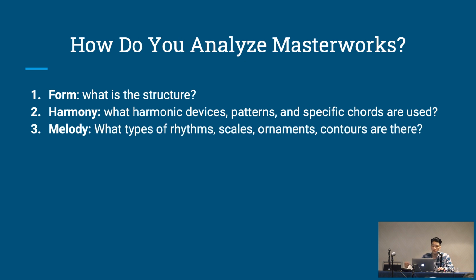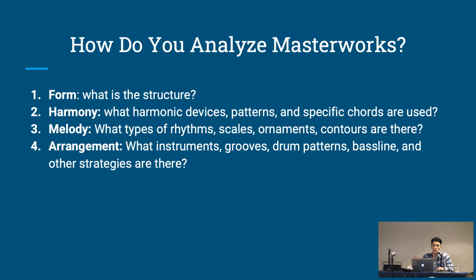Number 3, melody. What types of rhythms, scales, ornaments, contours are there, or phrasal structure? And finally, arrangement. What sort of instrumentation, grooves, drum patterns, specific bass lines, and other strategies is the composer using? And the last thing would be rhythm, but that's incorporated in everything else. There's a lot more stuff, but these are the main basic things that you should always keep in mind.